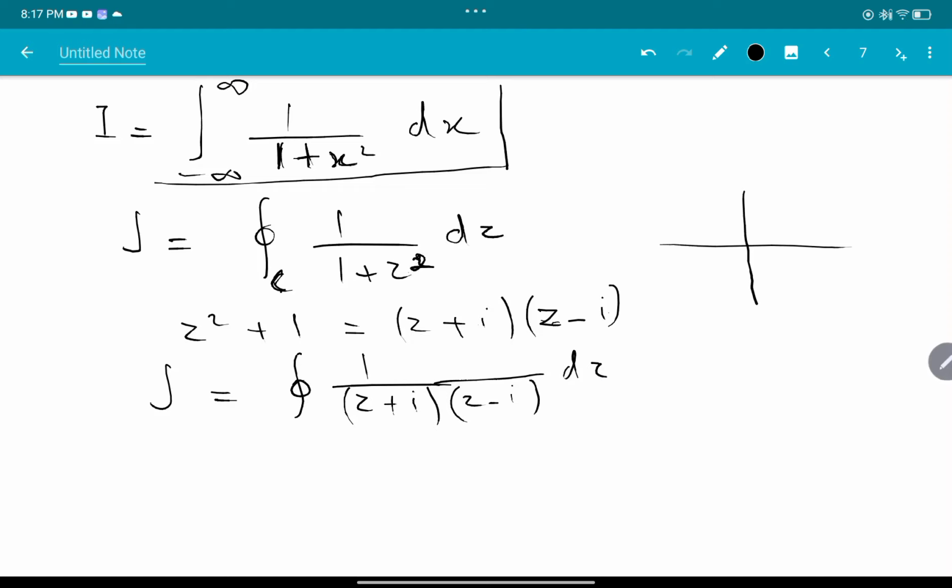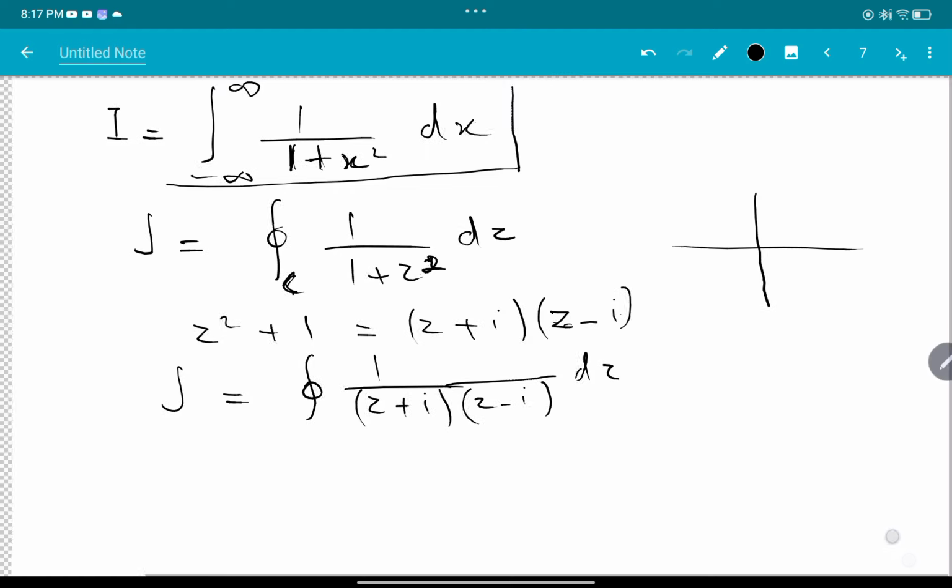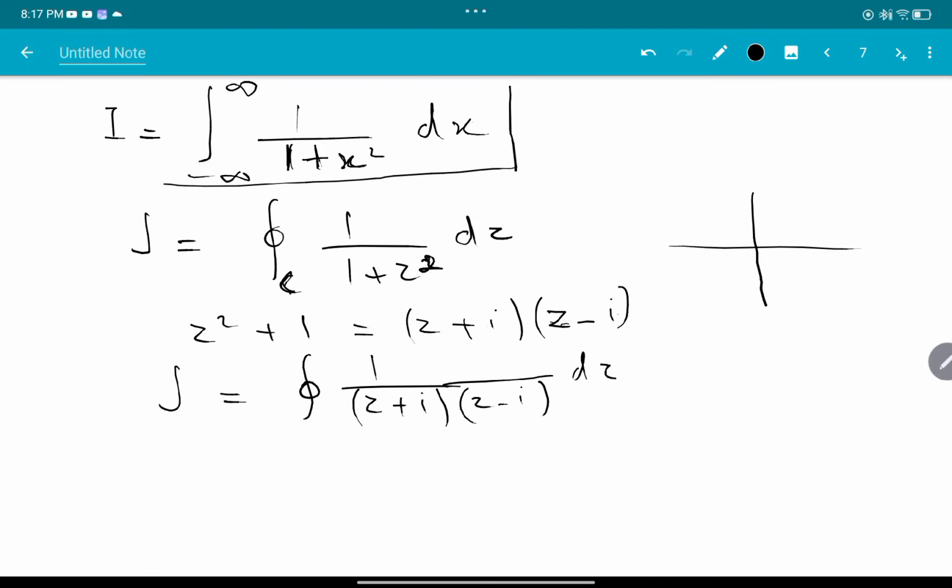Now, see, where are these poles? One is at plus i. Another is, let me make it a little bigger, because I have to show certain more things to you. Let this be i, and let this be minus i.